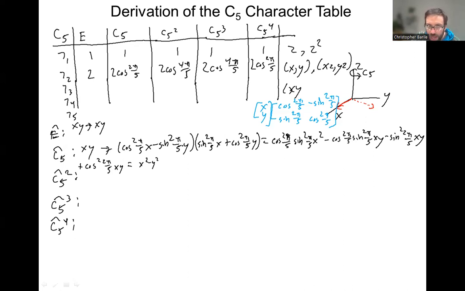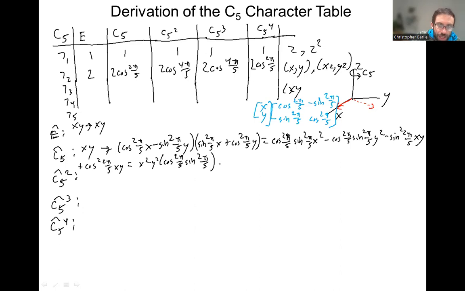When we did sine 2 pi over 5 times cosine 2 pi over 5, we should have had this be y squared, right? Because there are 2 y squared terms. Okay, so now we're back in business. So now we can factor out that cosine 2 pi over 5 sine 2 pi over 5.